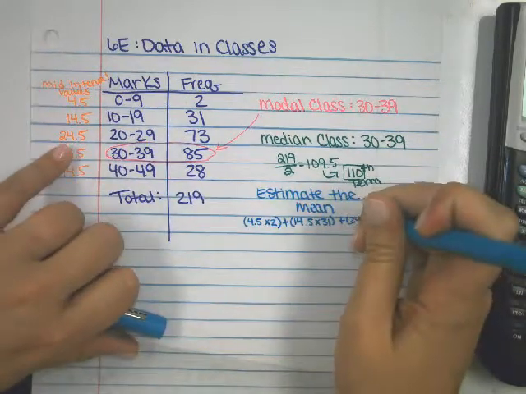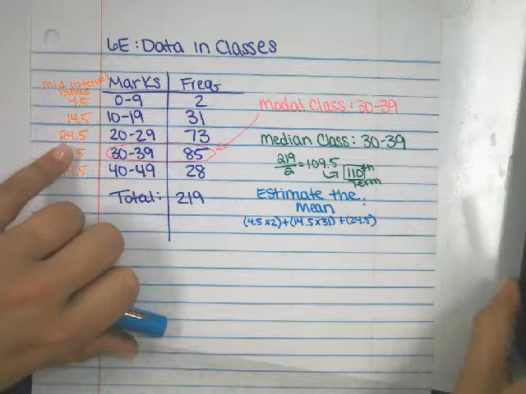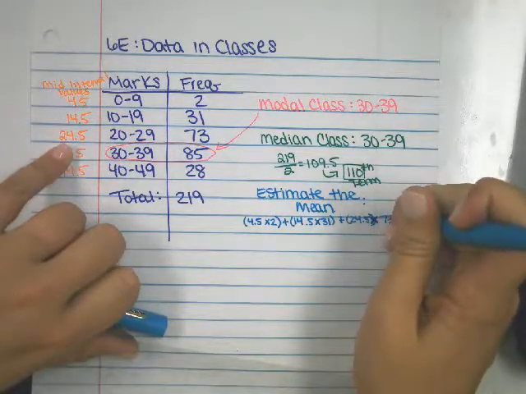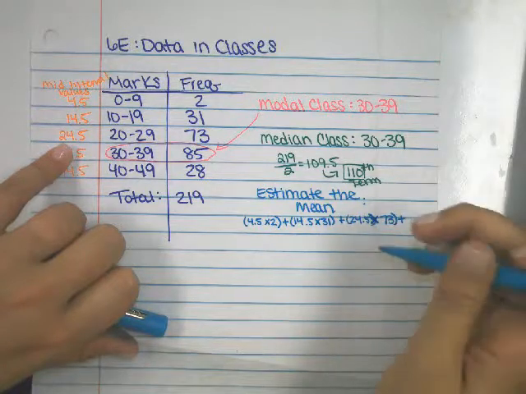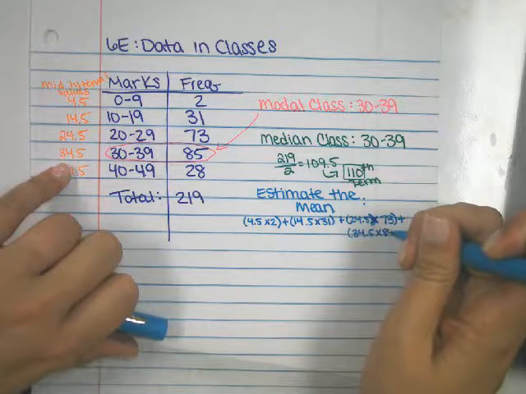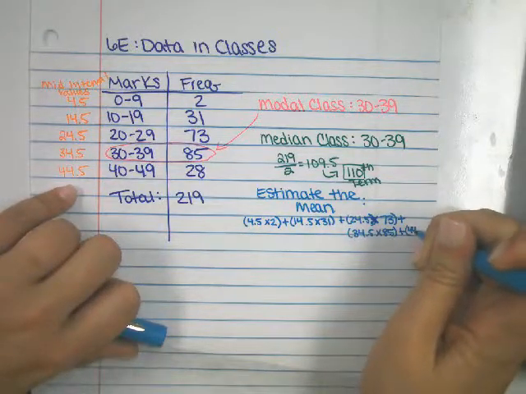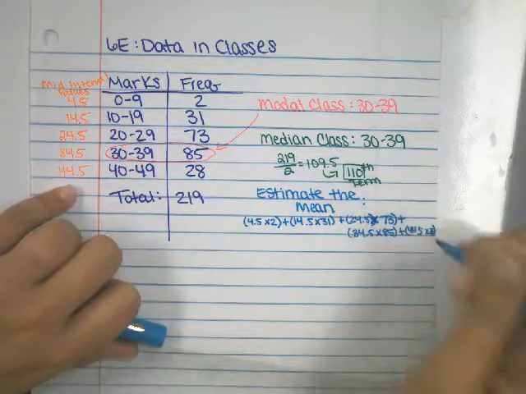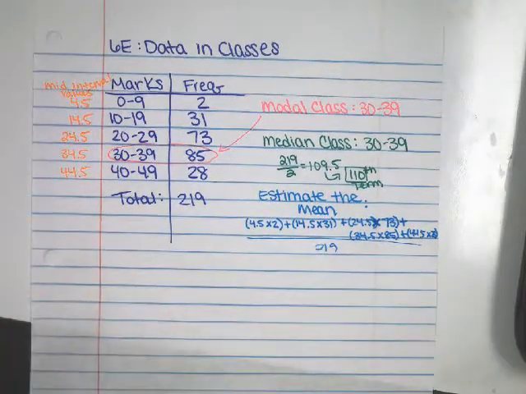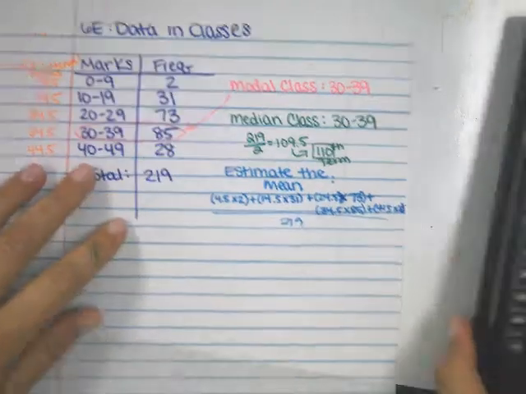Once again, this is just an estimate, so this is not precise. This is a way for us to just kind of get close to the actual mean. So this one's 34.5 times 85 plus 44.5 times 28. Okay? And we divide that by 219 because that's the total number of students that took this exam.